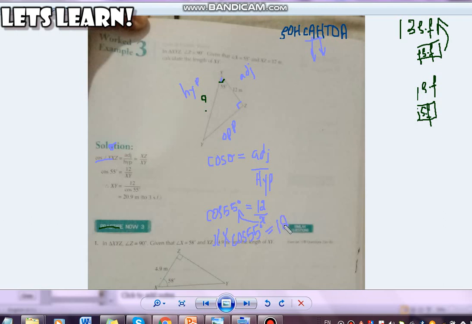To find x, I need to make it alone again, so I bring the cos 55 from here to here. Here it's multiplied; when I bring it to the other side, it will be divided. So x is equal to 12 divided by cos 55.